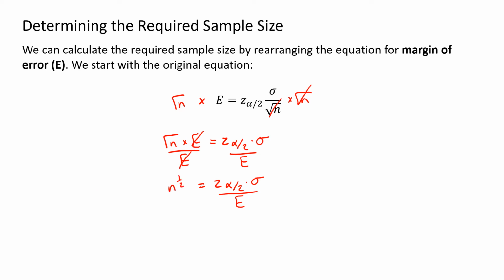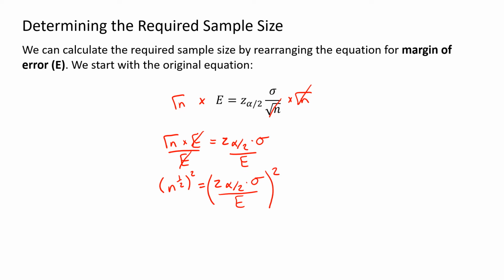So if we want n by itself, we have to remove that exponent. And if you remember, if you raise something to another exponent, it's the same as multiplying the exponents. You multiply the two exponents together. Remember back to when we covered exponents. So what I'm going to do is square both sides.